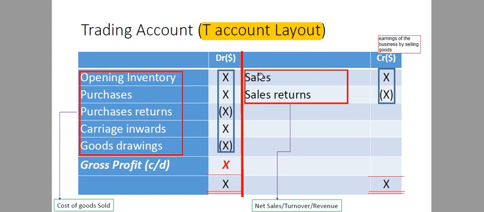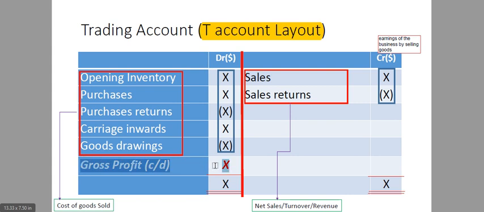Now out of those earnings, on the debit side, if you see the box there, that whole box, as you saw in the formula in the previous slide, that's your cost of goods sold. So that's the B in that formula. The credit side showed the A of the formula, the earnings, and the debit side is the B of the formula. Then you balance the account, and the balance is shown as gross profit.